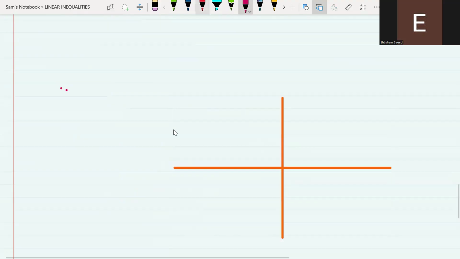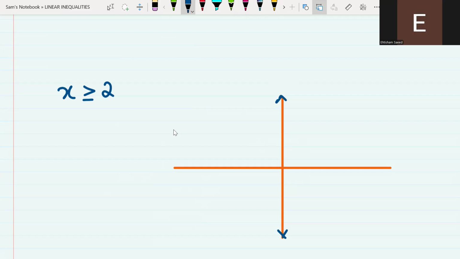If I'm having x is greater than or equal to 2, what will be the region? So we will be marking the points 1 and 2.